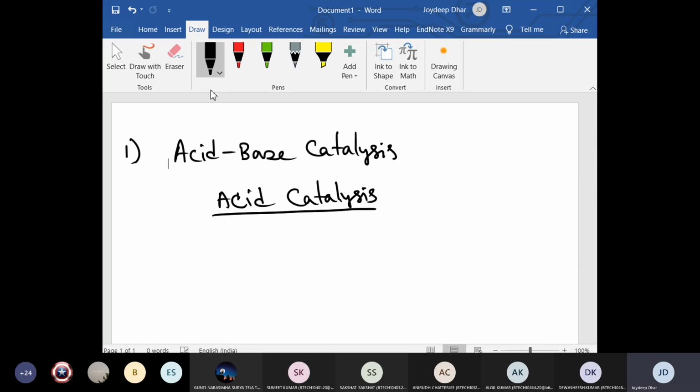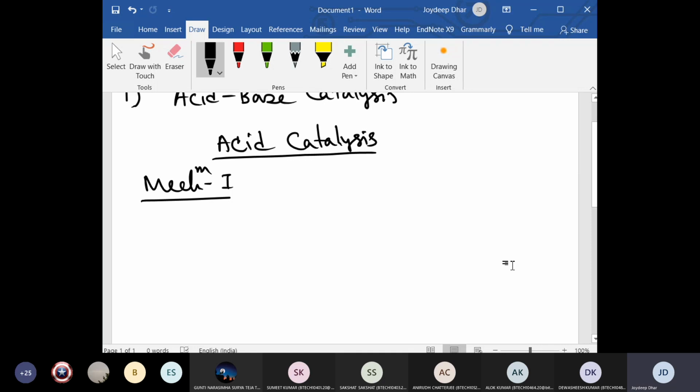Under acid catalysis there are two mechanisms. In mechanism 1, water takes part in the reaction, solvent water. You have the substrate, then some proton donor, and there is a reversible reaction.